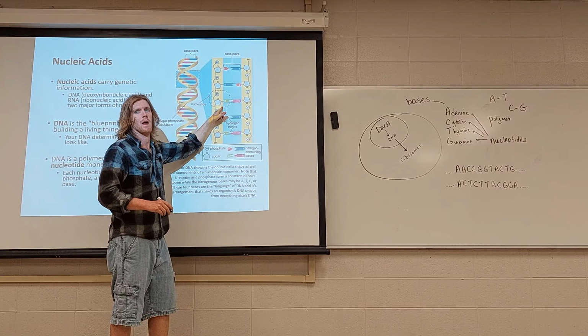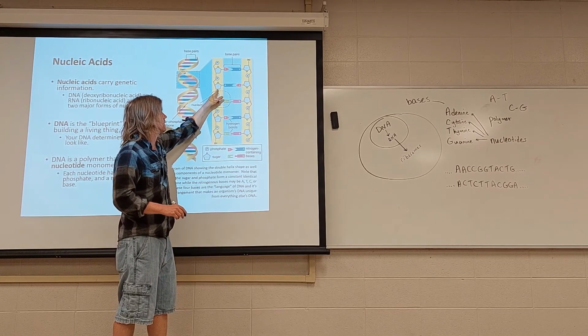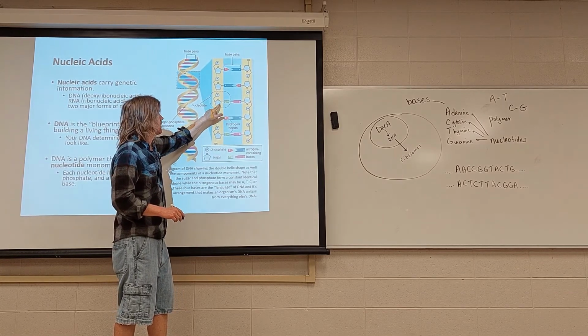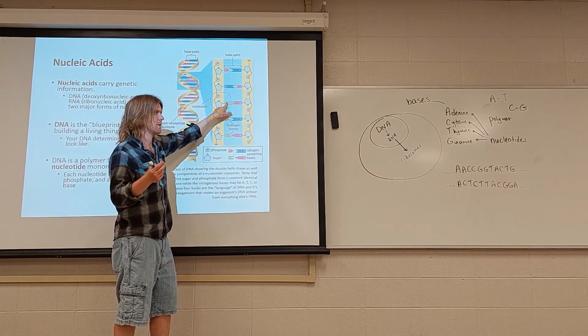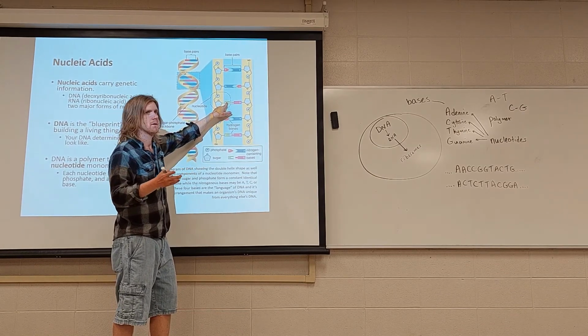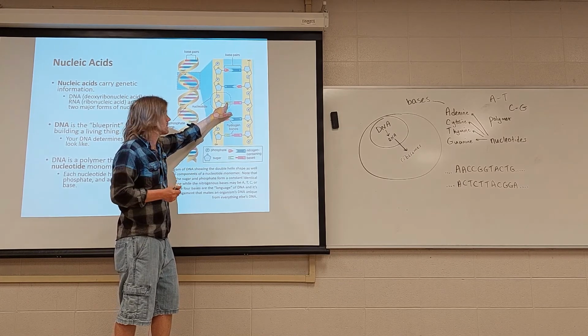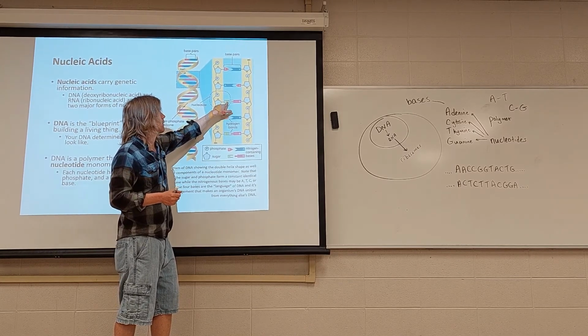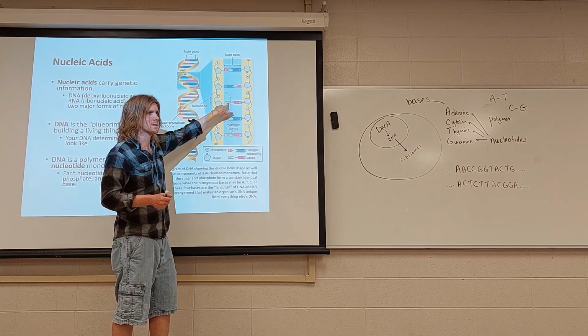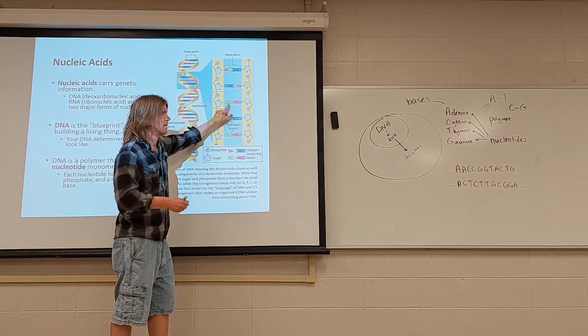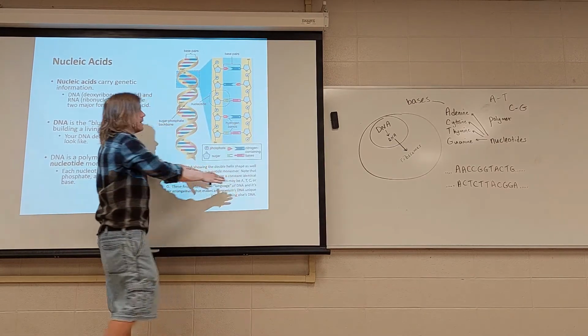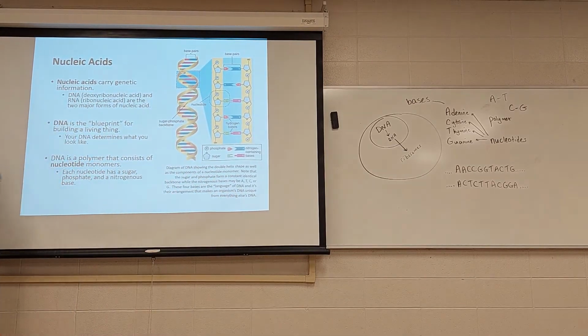This is a building block of DNA. This little letter, which is the important part because that's what's different between individuals, is specifically called a nitrogenous base. Nucleotide, nitrogenous base. The whole shebang, the whole chain, that's called a nucleic acid.